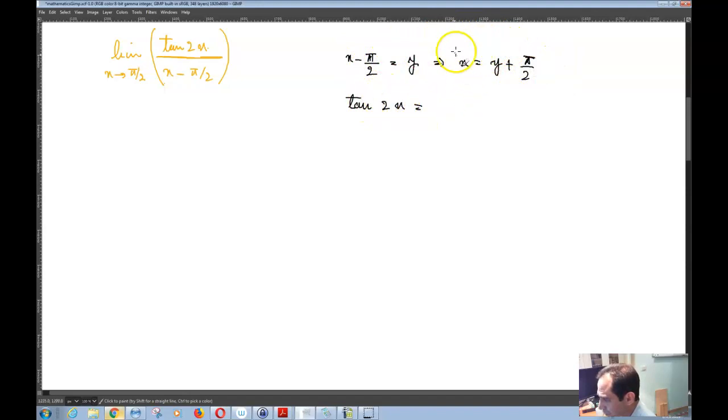Then tan of 2x would be tan of 2 times y plus pi by 2, which is equal to tan of 2y plus pi.